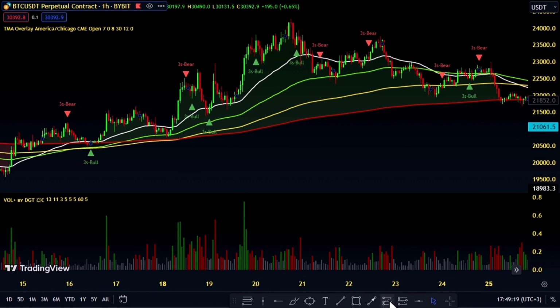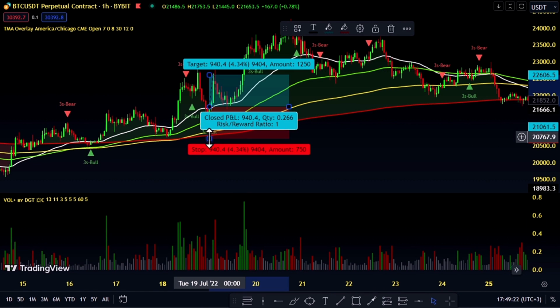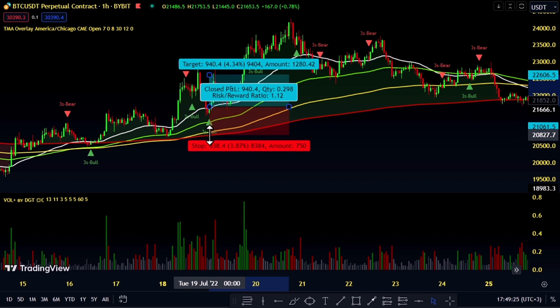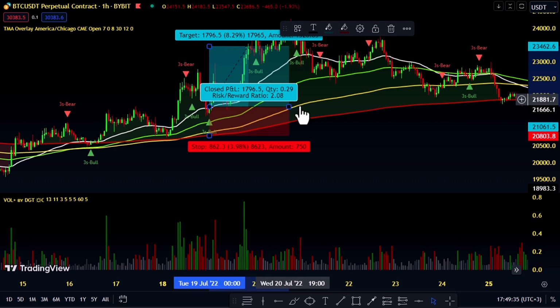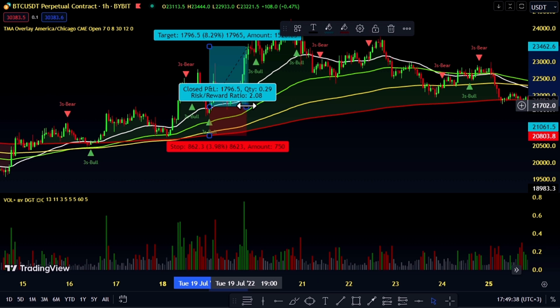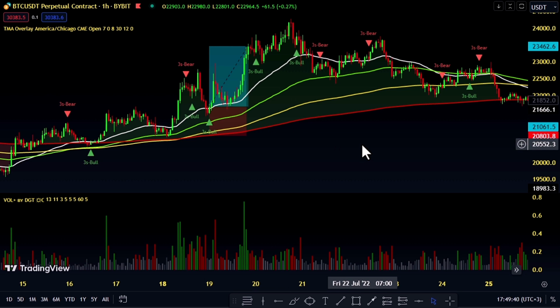Here's another example, and this trade also turned out to be successful. As you can see, traders, when the trend is fairly new, you do have a lot of potential.